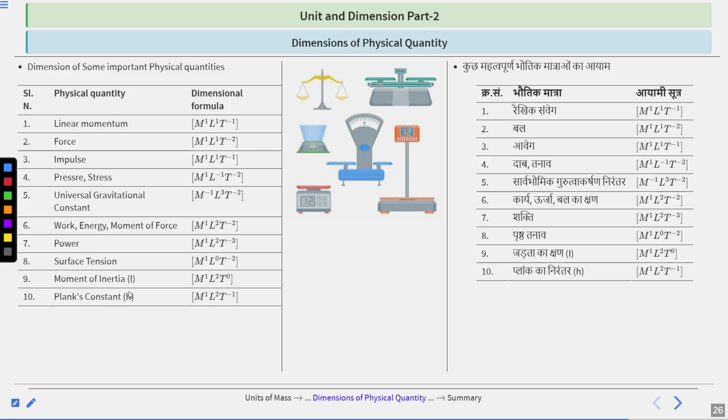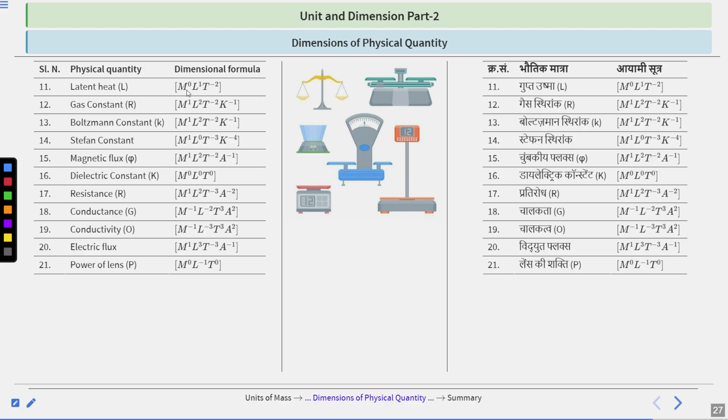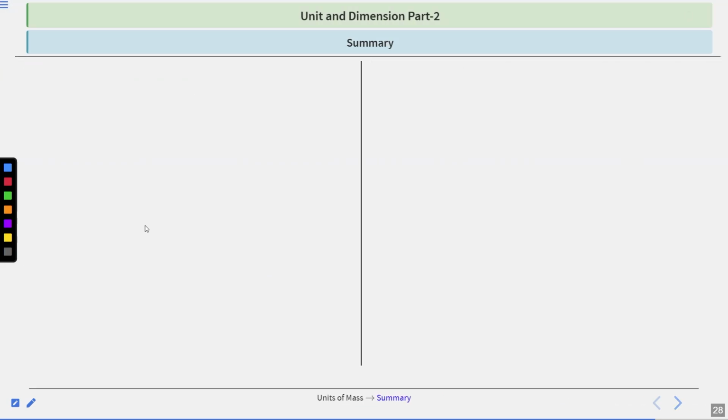Moment of inertia, this one. Planck's constant, this one. Latent heat, that one. Gas constant, this one. Boltzmann constant, this one. Stefan's constant, this one. Magnetic flux, this one. Dielectric constant, this one. Resistance, that's one. Conductance, this one. Conductivity, this one. Electric flux, this one. Power of lens, this one.